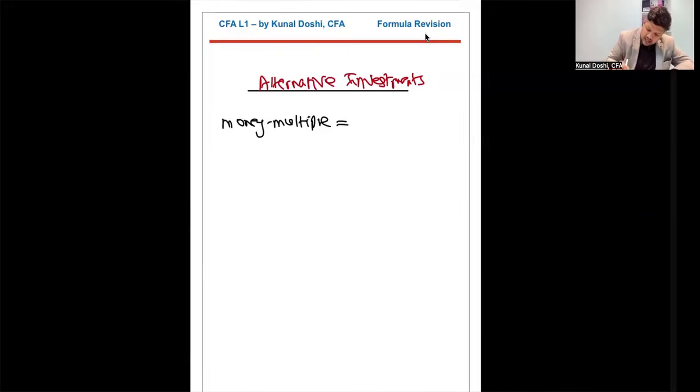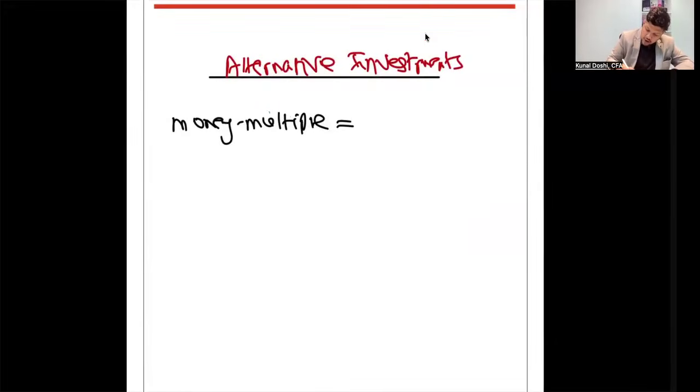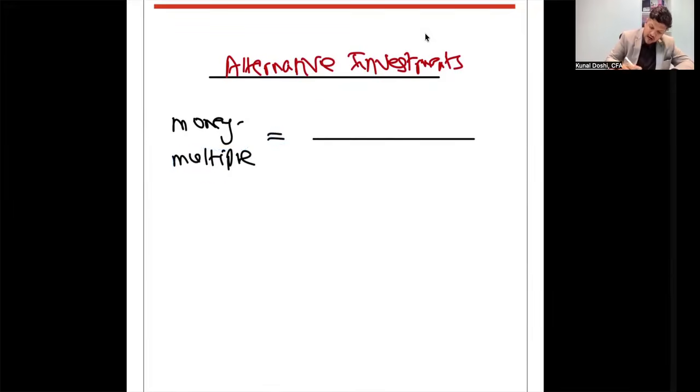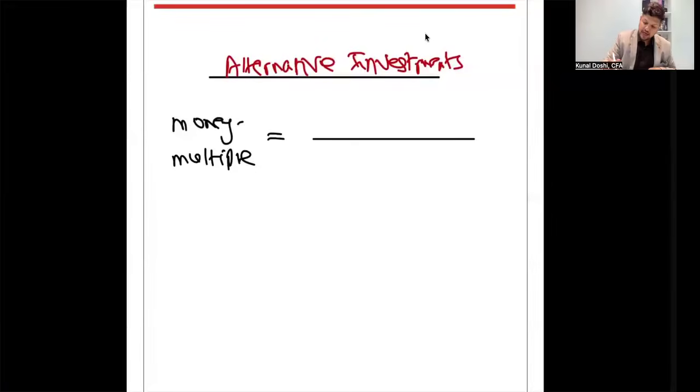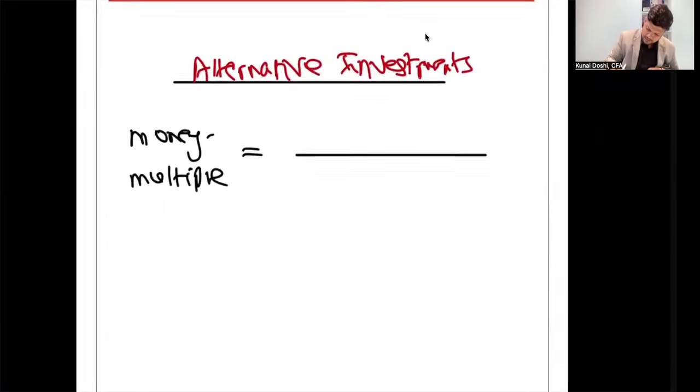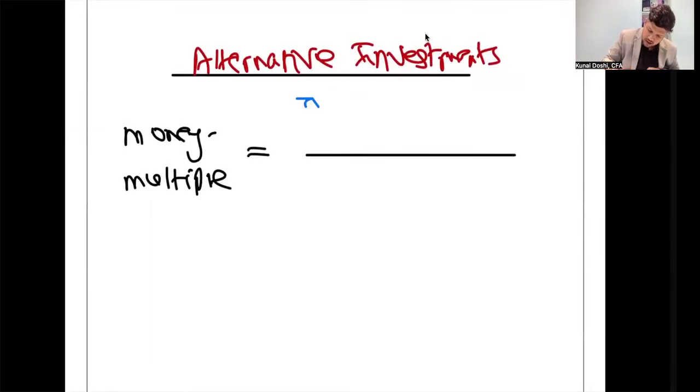So this is a combination of what you have received until now and what is still in the fund. Check out a very interesting thing: the total capital returned by the fund plus the value of assets still in the fund.